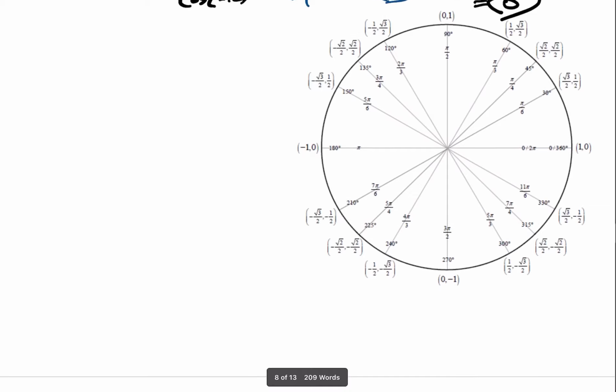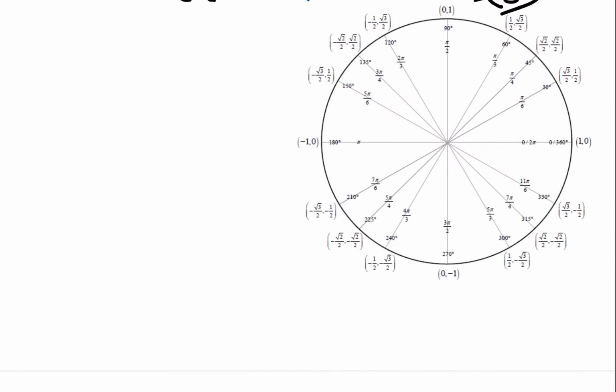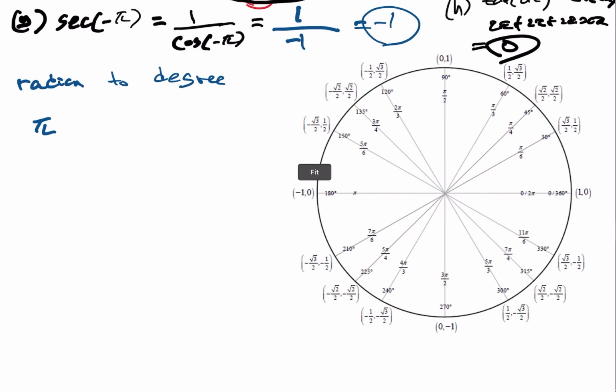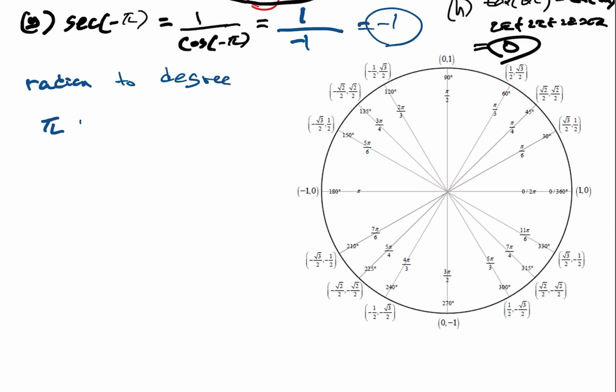One problem that I forgot to type is converting radians and degrees. Let me do one or two examples. So let's do radians to degrees. When we do this, we have to remember that pi radian is equivalent to 180 degrees.